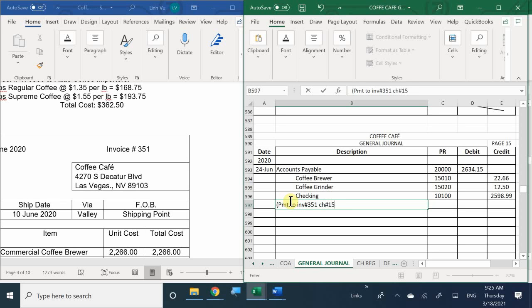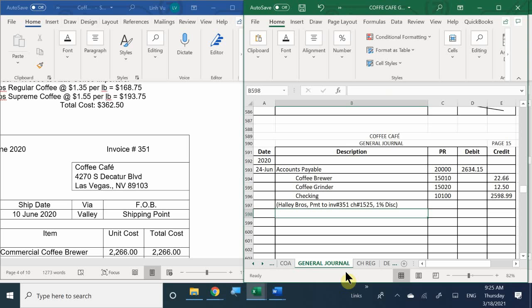Check number 1525. I'm going to recognize that I got a 1% discount. And I think I'm going to put Hallie Bros.